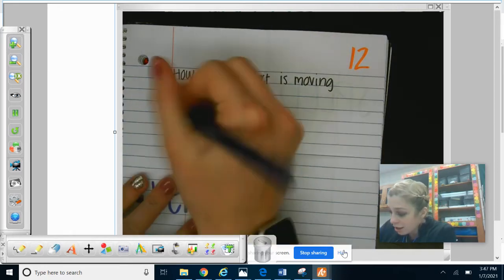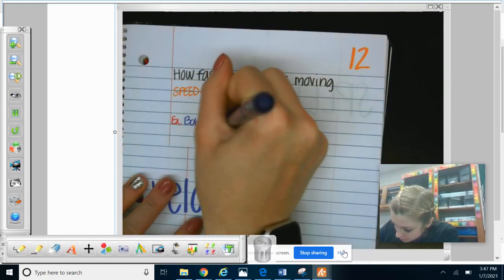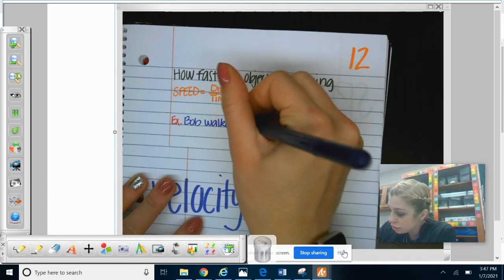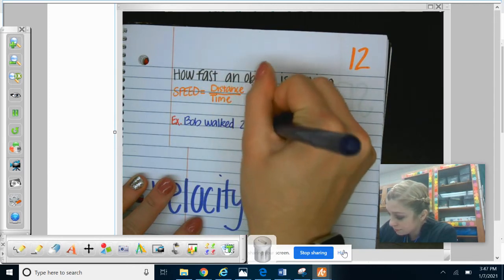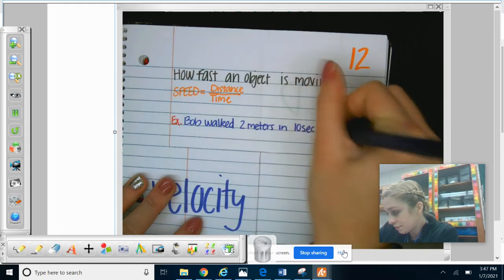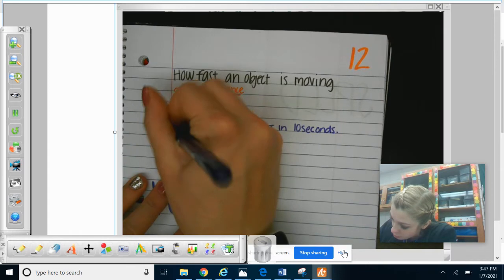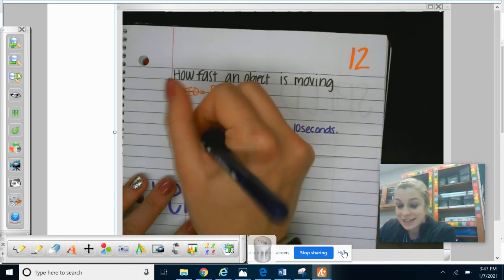So Bob walked 2 meters in 10 seconds. What is his speed?